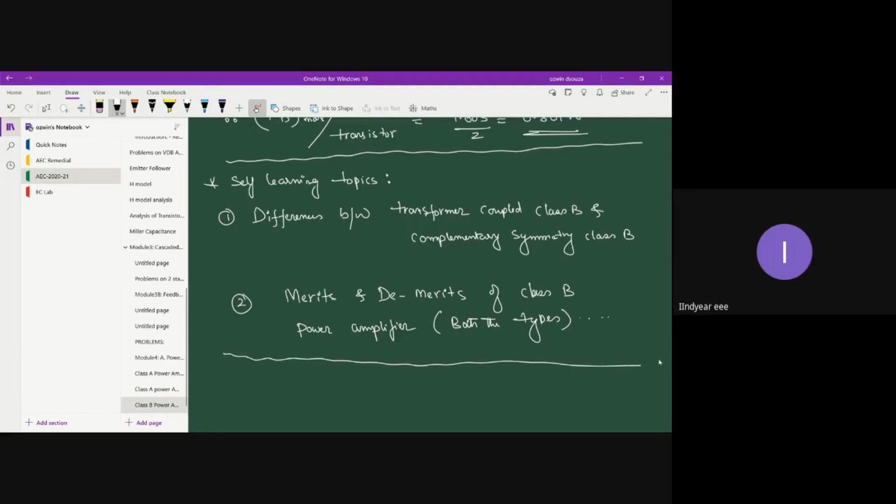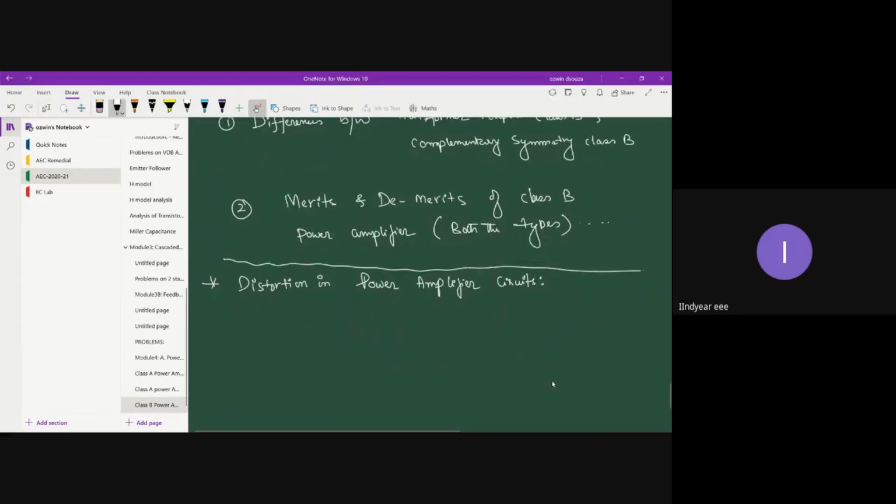Okay, now there's a small portion left out. Okay, and that small portion is called distortion in power amplifier circuits. Okay, distortions in power amplifier circuits. Now actually in the syllabus they haven't mentioned distortion in power amplifier circuits.